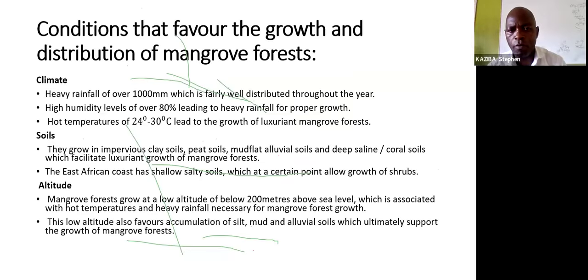Hot temperatures of 24 to 30 degrees, leading to the growth of luxuriant vegetation. Then when you're done with climate, you go to soil. Soil, 2 points. We have impervious clay and peat soils, and core soils which do not allow water to percolate through, but stagnate, which favors the growth of mangrove. Then shallow, salty waters, which allow the growth of shrubs.